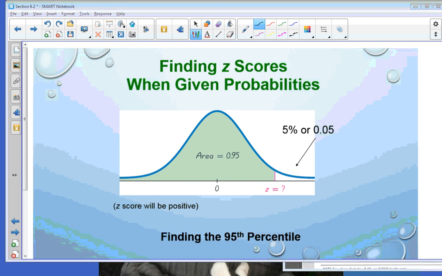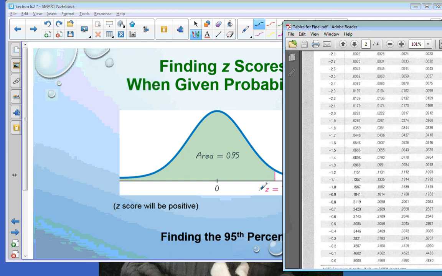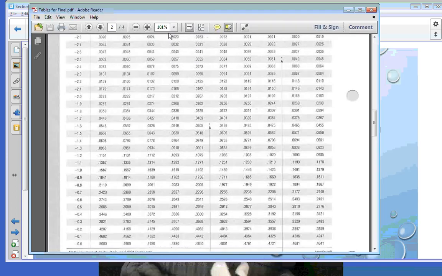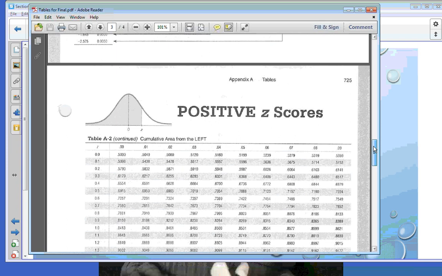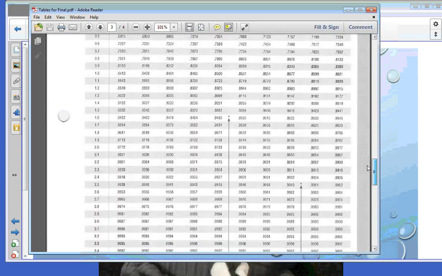So let's pull up that table. We know it's going to be a positive z-score, so on our table, we're going to go to positive z-scores. And we're going to look and look and look until we can find the closest to 0.950. So I'm seeing here 0.9484, 0.9495, 0.9505. Well, it's exactly in between.